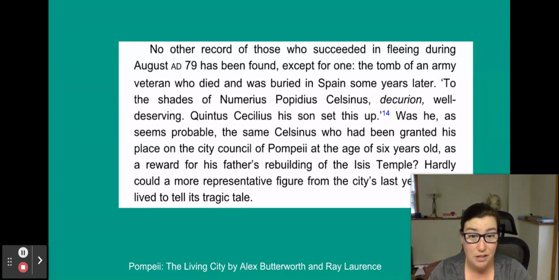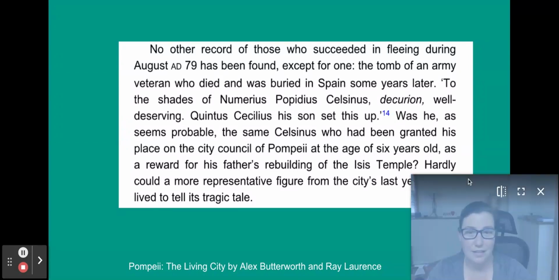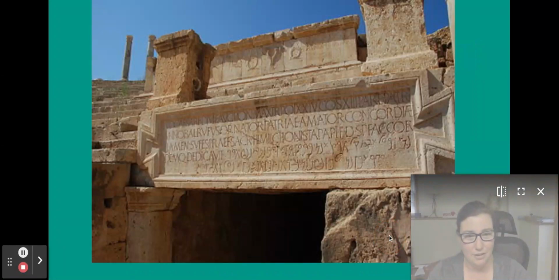To the shades of Numerius Popidius Calcinus, Decurion, well-deserving. Quintus Caecilius, his son, set this up. Was he, as seems probable, the same Calcinus who had been granted his place on the city council of Pompeii at the age of 6 years old as a reward for his father's rebuilding of the Isis temple? Hardly could a more representative figure from the city's last years live to tell its tragic tale."